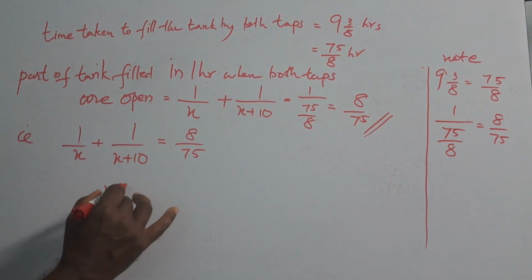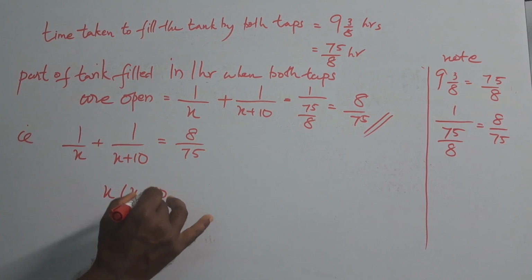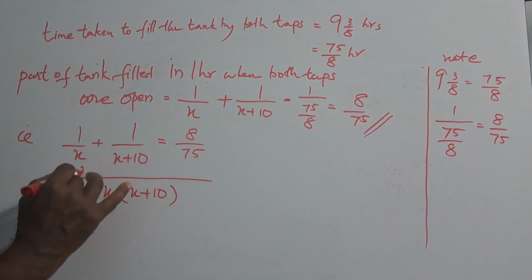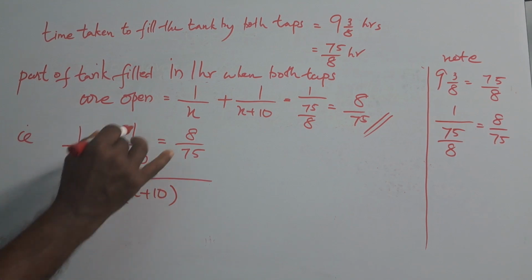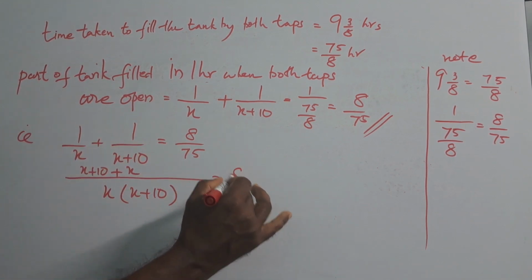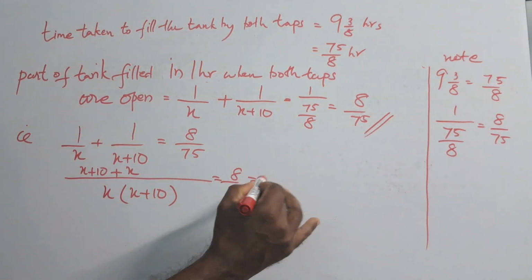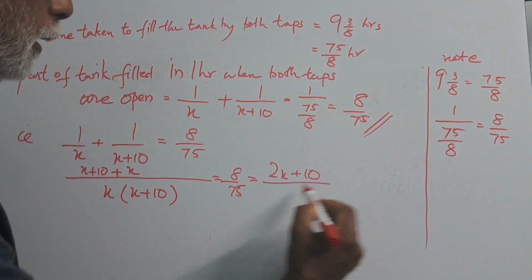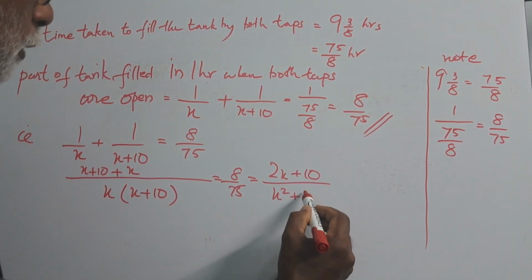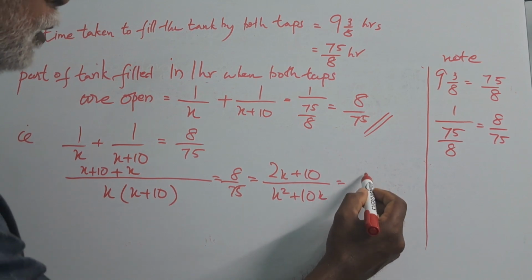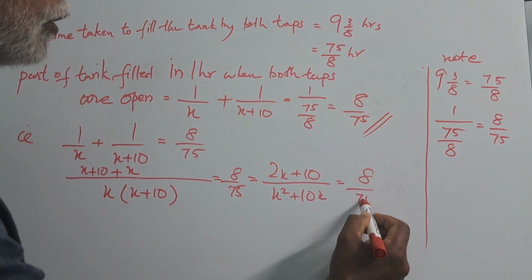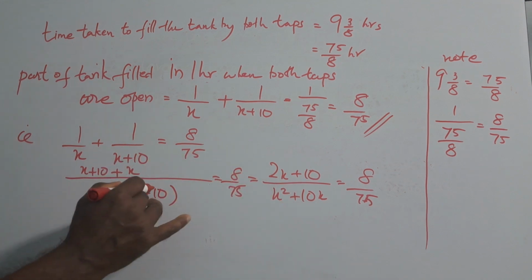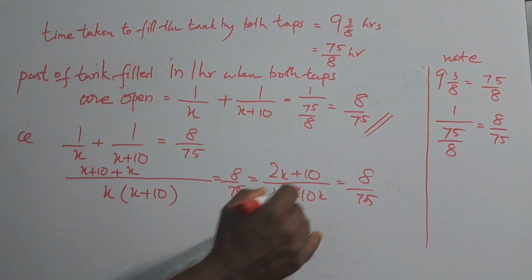LCM is x into x plus 10. 1 into x plus 10, that is x plus 10, plus 1 into x, x, is equal to 8 by 75, equals 2x plus 10 by x square plus 10x is equal to 8 by 75. x into x, x square, x into 10, 10x.